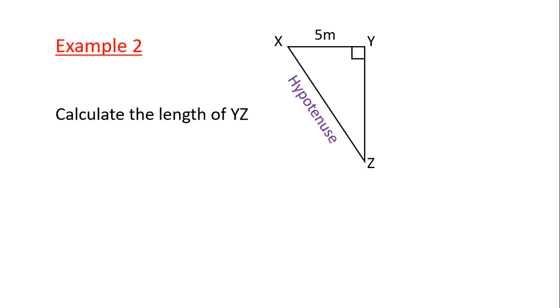Now I can set up my formula. So my hypotenuse squared, which is XZ squared, equals my other two sides squared and then added together. So XY squared plus YZ squared. And now we've set up our formula. What we do now is we put the numbers in and we solve for the side we don't have.